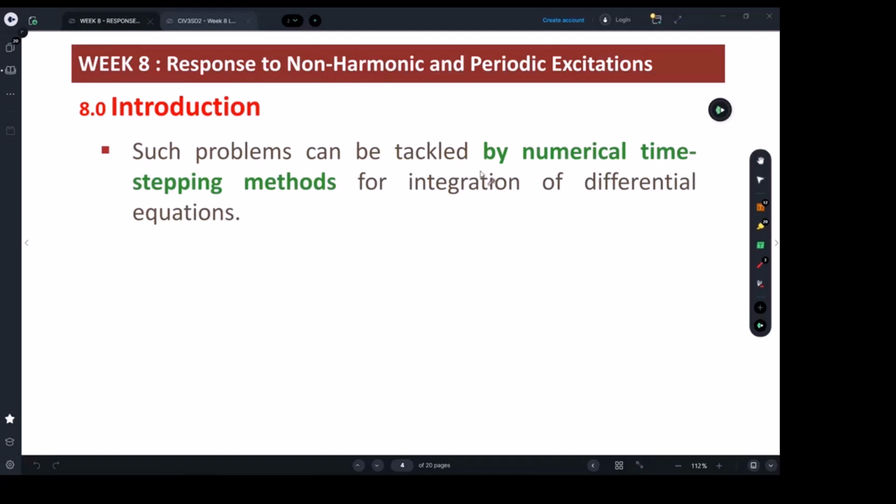So yes, the way to solve such problems is by numerical time stepping methods, and there are many available from math, but we will focus on two of them in today's lecture, and you're going to be practicing them and working out some examples.